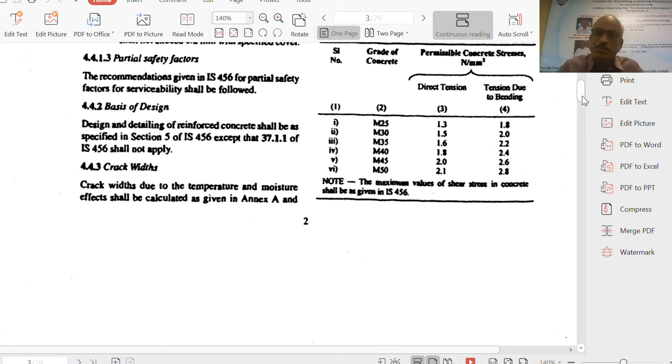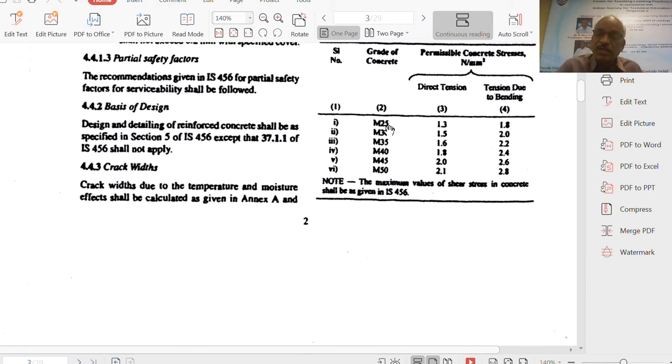But from the examination point of view, first we must start learning what is required, and then we can always develop. So from this table, the basic thing to be understood is that the table starts with M25 concrete. That means we should not use concrete below M25 for water tanks. Minimum we have to use M25 concrete.